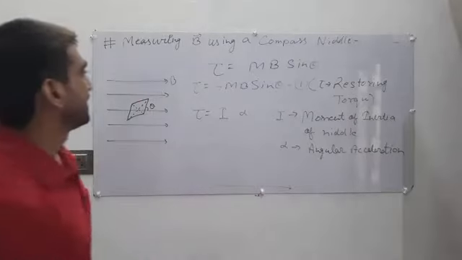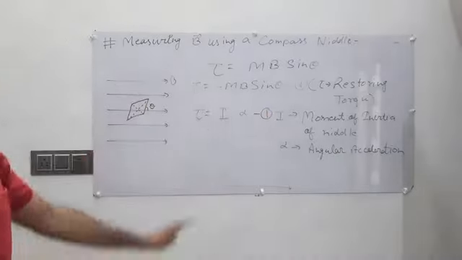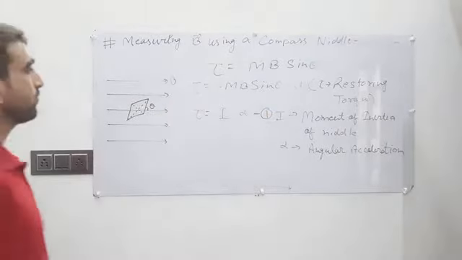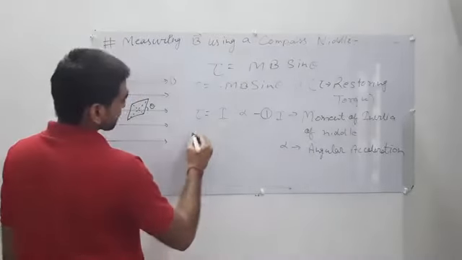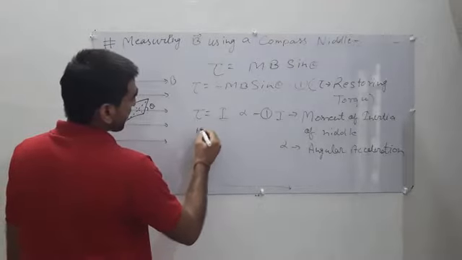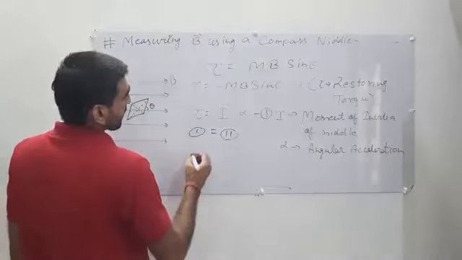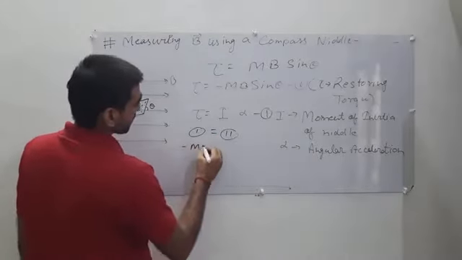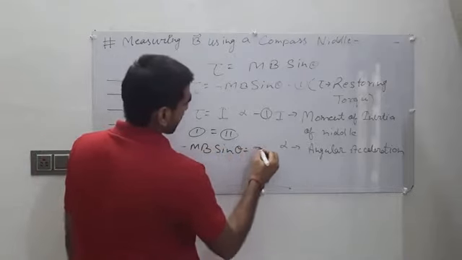Now these two equations are the same for torque. That means if we equate equation number 1 with equation number 2, then we get minus mb sin theta equals I alpha.